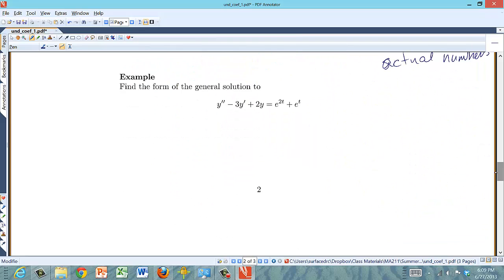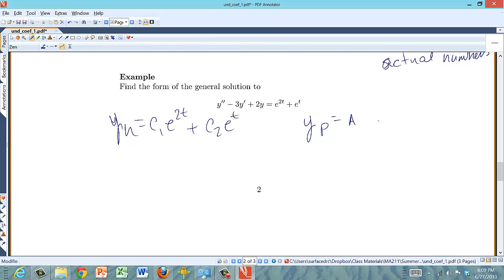Okay, so let's try this next one. This has the same left-hand side, so we know that the solution of the associated homogeneous problem is again C1 e to the 2t plus C2 e to the t. Once we have that associated homogeneous solution, we can write down a guess at what the particular solution must look like.